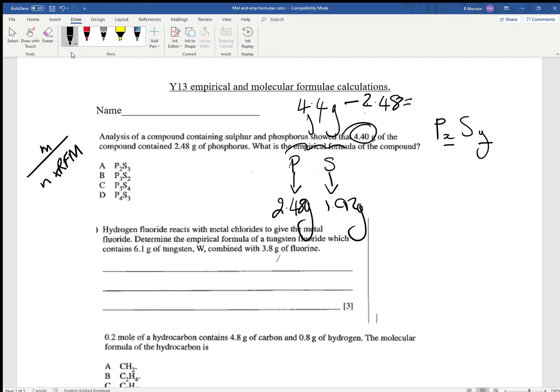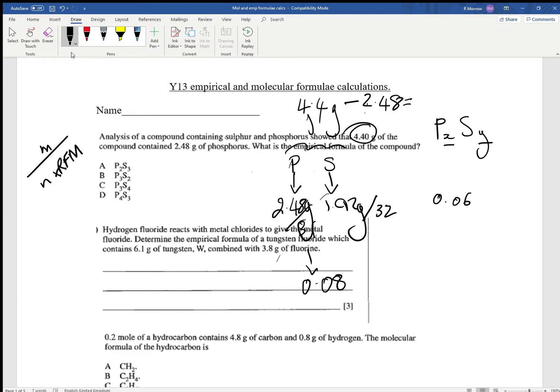So we've got to get the number of moles of these two. So sulfur has an atomic mass of 32. Take my 1.92 and I'm going to divide that by 32. It gives me a ratio of 0.06, and I divide this by 31, gives me a ratio of 0.08.